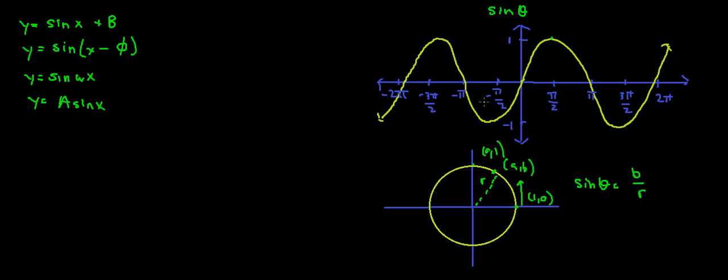Now all I really want to do is talk about the possible transformations of the sine function. And it's exactly the same as I learned in polynomials. If I add to the y value, I could think of sine x as x.